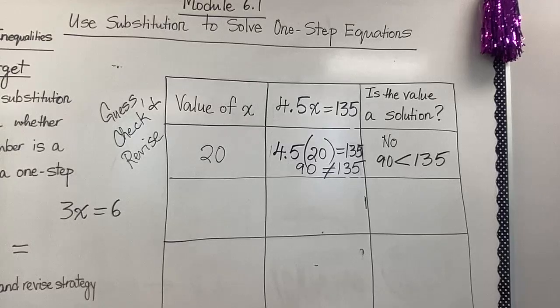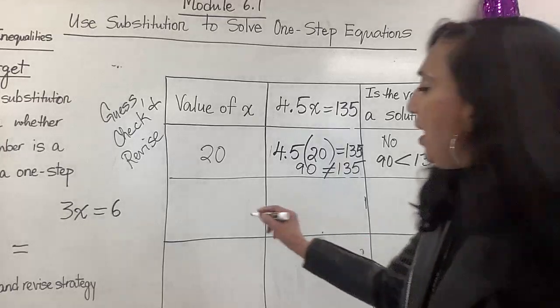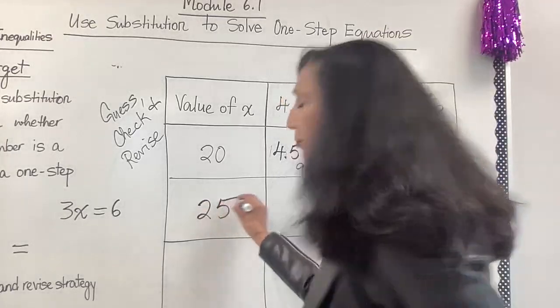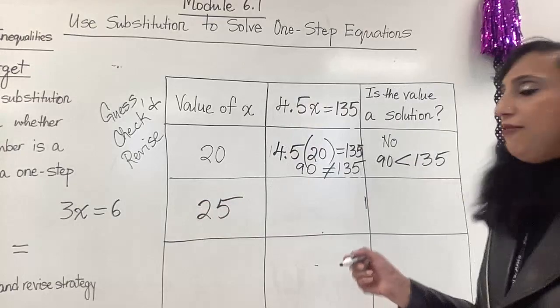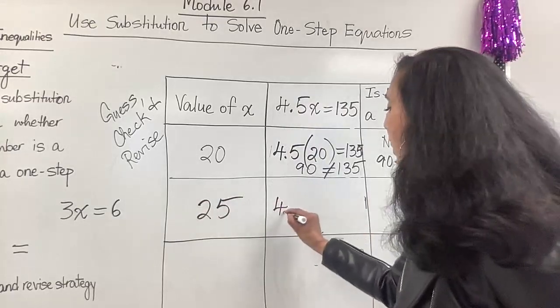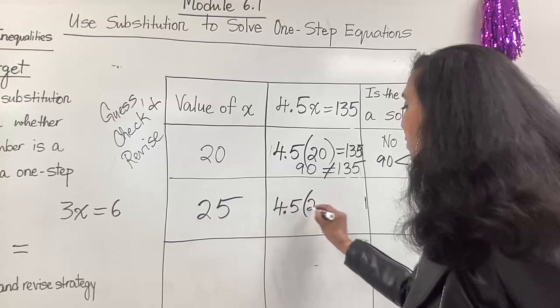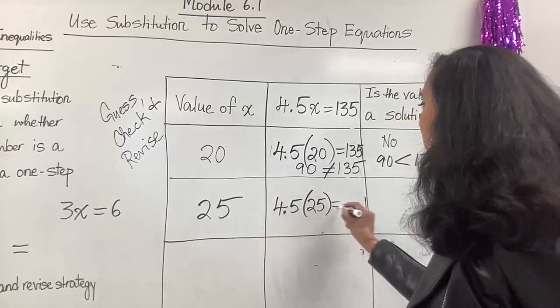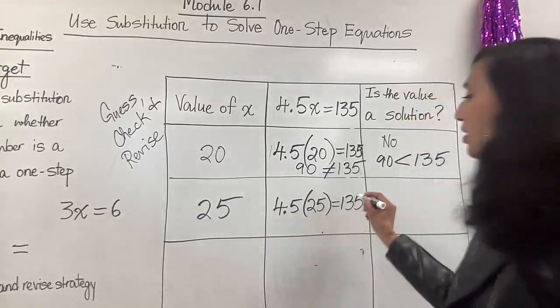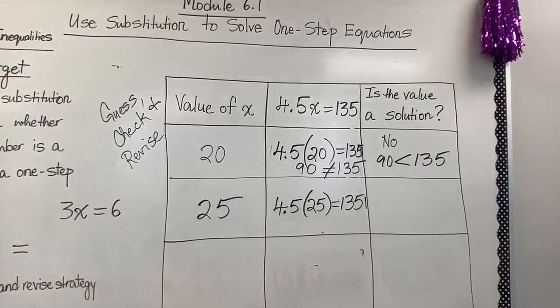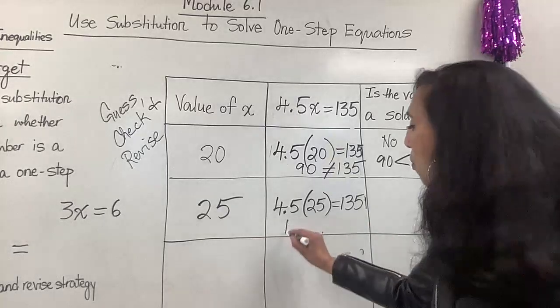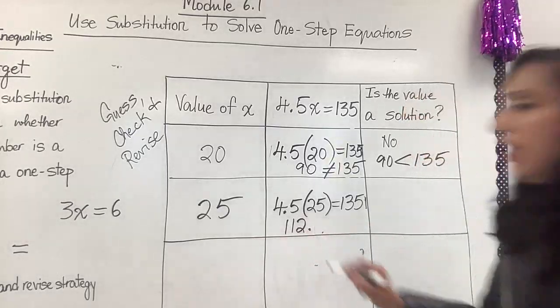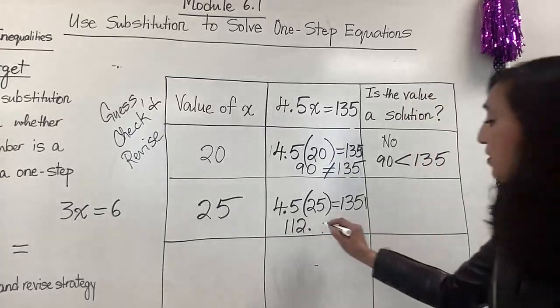We're going to try and revise the number which is guessed. So let's try the next one. Let's try 25. Okay, if I'm trying 25, now I'm going to do 4 and 5/10 times 25. Is that equal to 135? So when I multiply 4 and 5/10 times 25, I get 112 and 5/10.